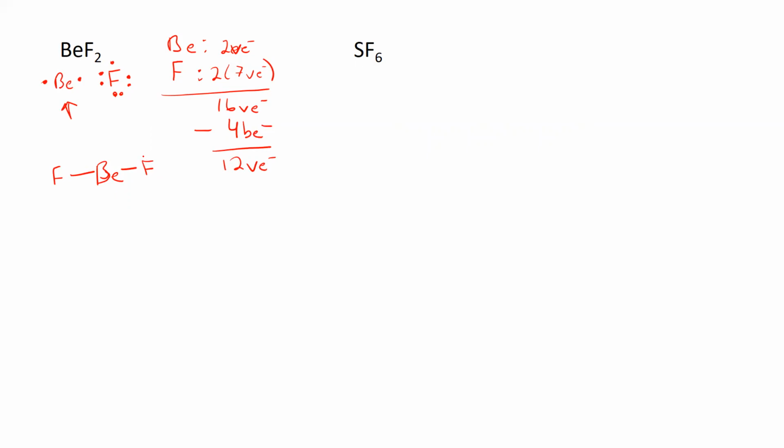Fluorine here has 2 electrons associated with it, so we can place up to 6 more electrons around fluorine to get its octet complete. So there's 1, 2, 3, 4, 5, 6 valence electrons placed, which gives that fluorine an octet. We go to the next one to place the next 6: 1, 2, 3, 4, 5, 6. Now that fluorine has an octet. We've used up the 12 remaining valence electrons and we're good. And so here we could do formal charges.